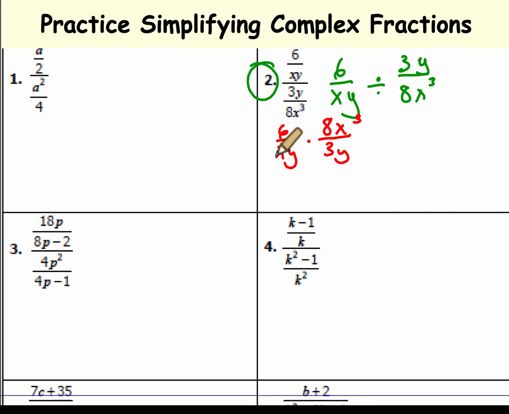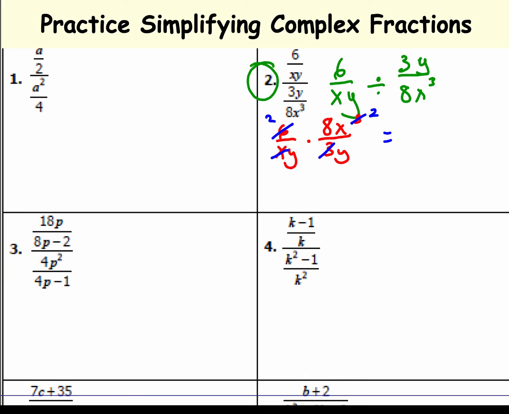I know that x goes into x cubed, making that x squared. 6 has a common factor with 3. 6 and 3 are both divisible by 3. 6 divided by 3 is 2, and 3 divided by 3 is 1. Since both y's are in the denominator, I can't simplify those. And since the 2 and the 8 are both in the numerator, we can't simplify those, so we multiply across.